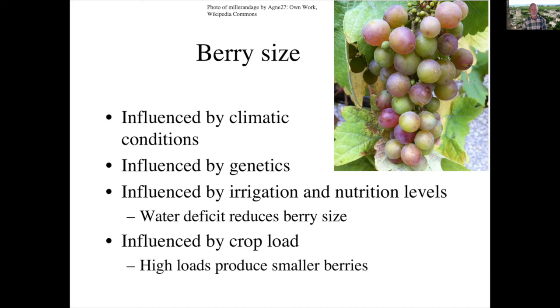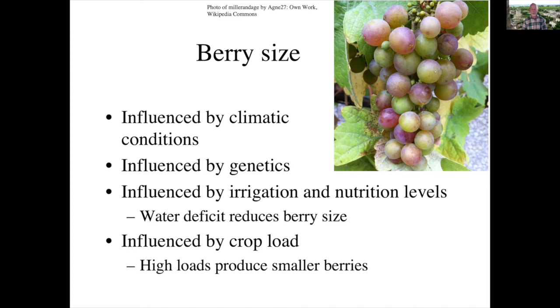The higher the irrigation, the larger the berries will be to some extent. There's an optimum or a maximum. If you get too much water, of course, you're going to flood your vineyard and kill the vineyard. So that's not a good thing. But drought stress or water deficit reduces berry size, or can reduce berry size if it's severe enough. And this impacts berry size.